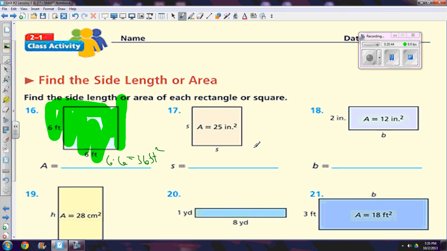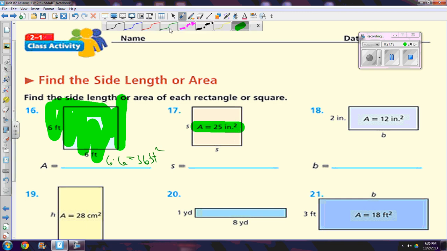It's giving you the area of 25 inches squared. It's telling you that this side, S, and this, I think that's an S still, are the same because it's a square. So to get 25, knowing that your shape is a square and all sides are equal, you'd have to look for a number that multiplied by itself would give you 25, and that would be 5.